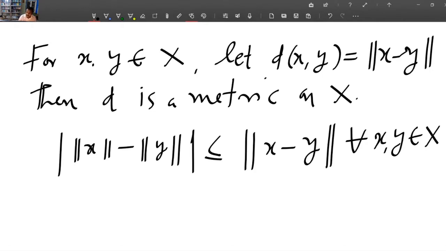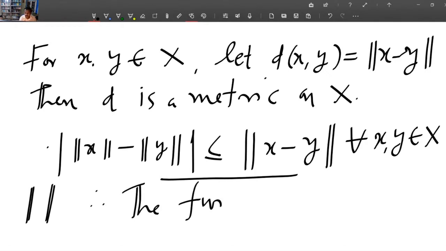Therefore, the norm function satisfies this condition, and so the norm is uniformly continuous on X.